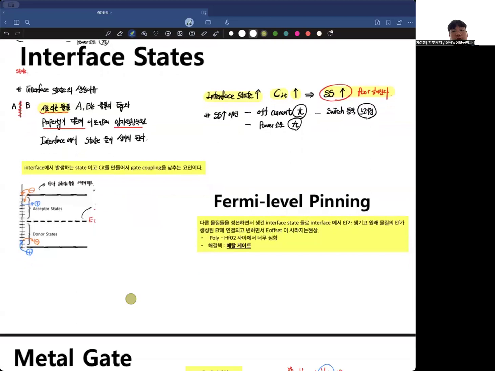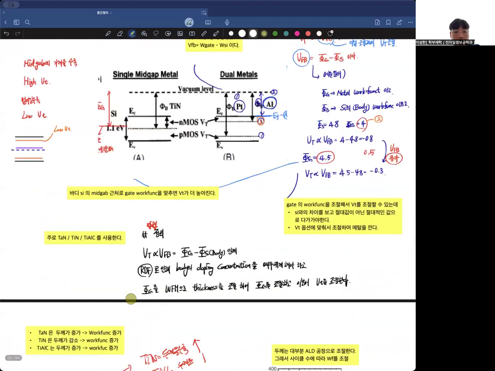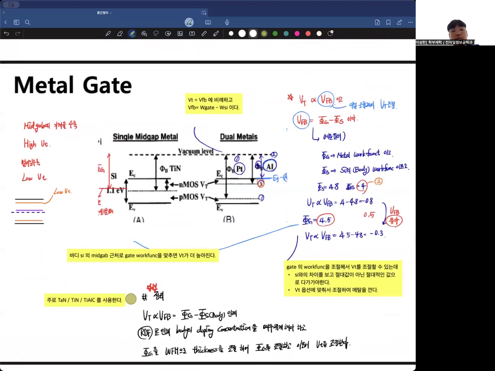We should reduce this because this is called the CIT, the interface capacitance. It makes a poor swing, which means not ideal switching operation. So we address this problem.